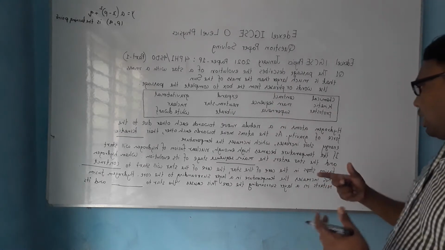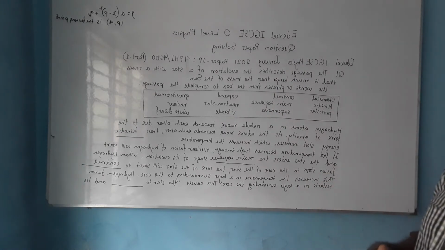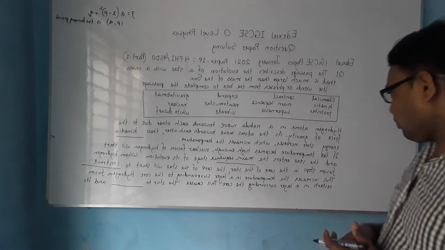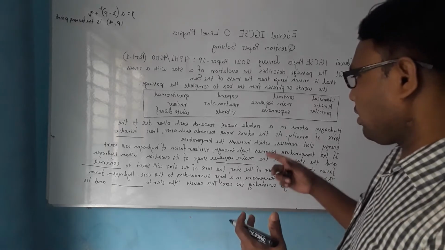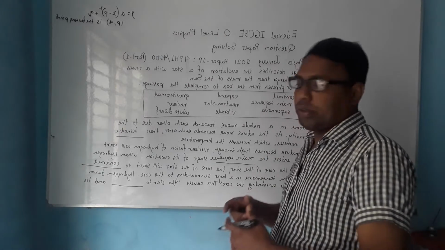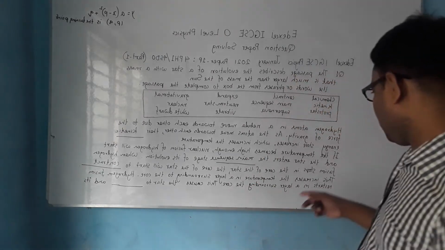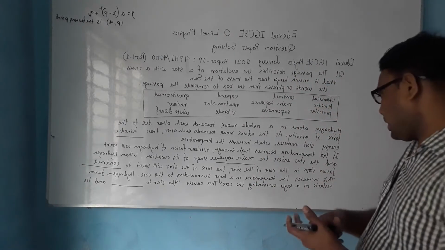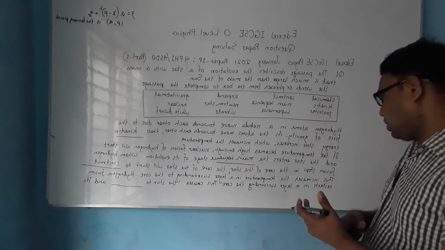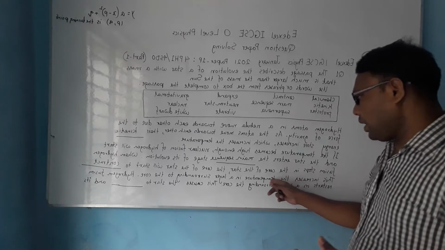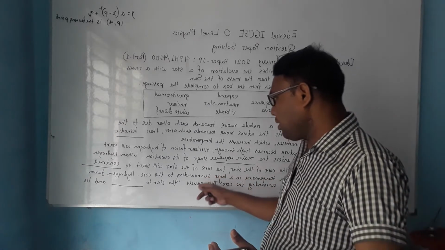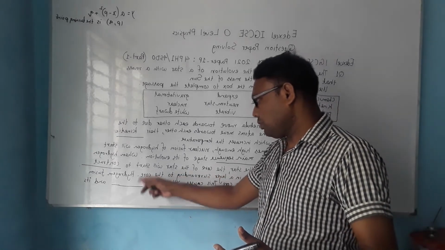When the hydrogen fission first starts in the core of the star, the core of the star will start to contract. Okay?